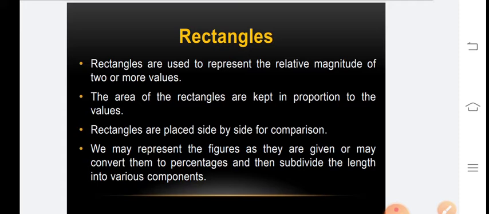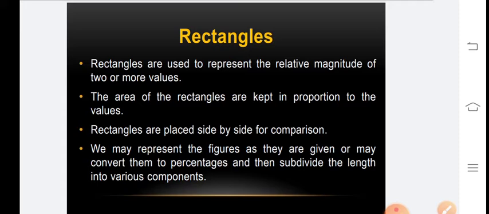The area of the rectangles is kept in proportion to the values. Rectangles are placed side by side for comparison.